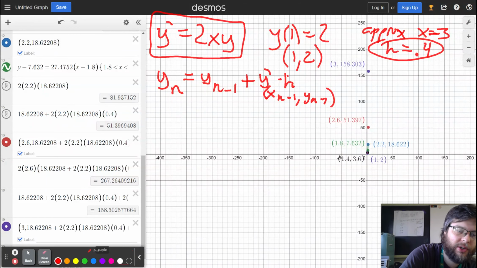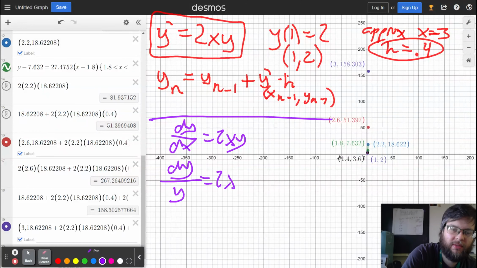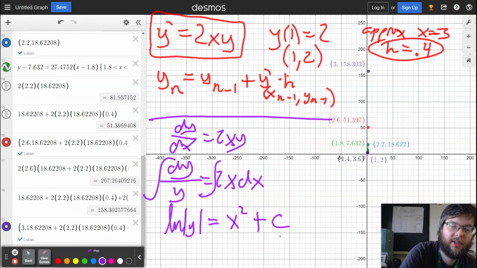Just real briefly to show you how you would solve it analytically, you would write dy dx is 2xy, divide by y to separate the variables, multiply by dx, integrate, natural log of absolute value of y equals x squared plus c.